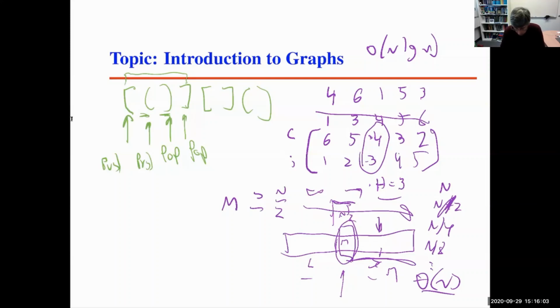Another way to do it in linear time would be to note the following: suppose one of your papers has a citation count much, much greater than n.